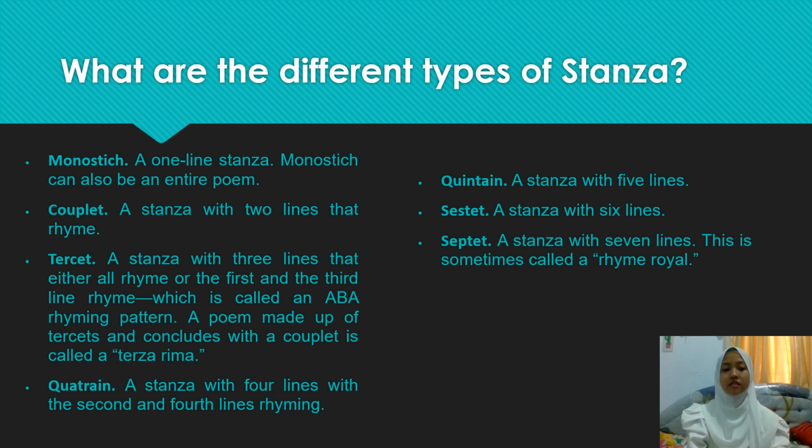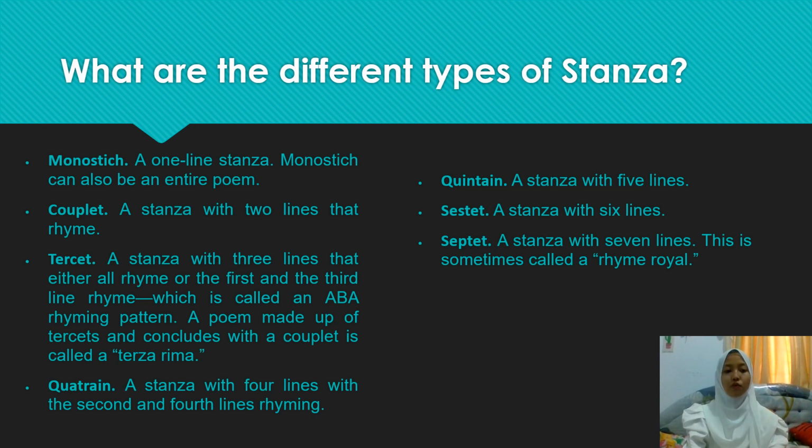The third is tercet, a stanza with three lines that either all rhyme or the first and third lines rhyme, which is called an ABA rhyming pattern. A poem made up of tercets that concludes with a couplet is called terza rima.